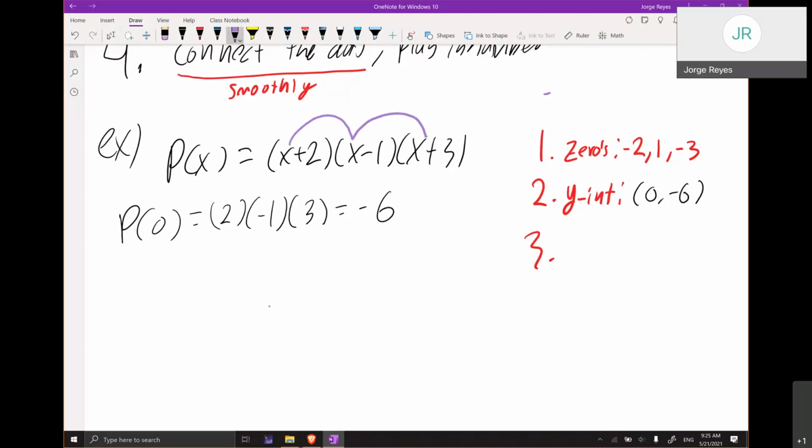Then you can say that P of x has leading term x cubed, which is all we really care about, because then we see that the leading coefficient is 1 and the degree is 3. So this will have this end behavior.